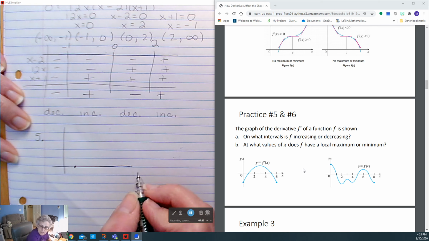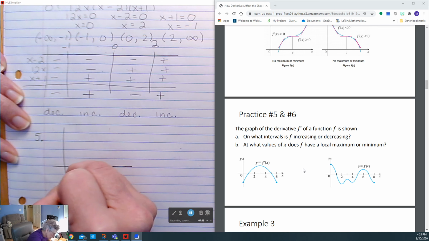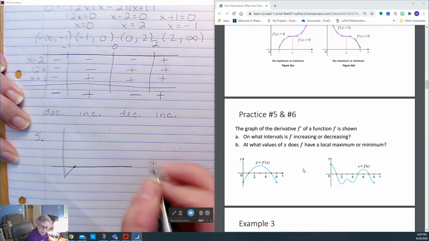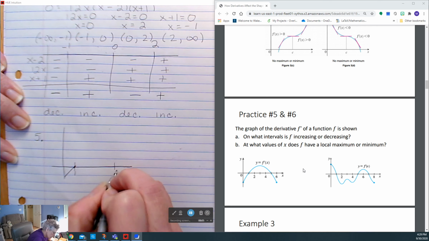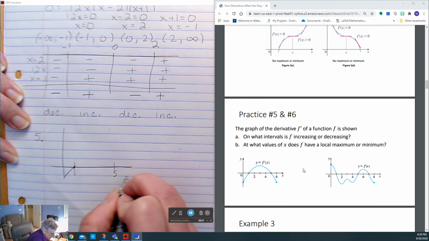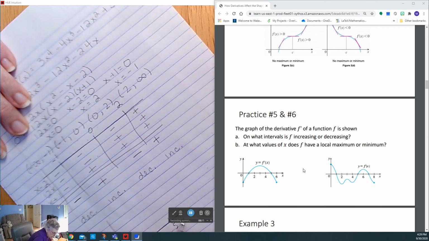It crosses the axis at 1 and again at 5, and then it ends at 6. So let's see if I can play connect the dots. No, because it was supposed to cross the axis at 5. We'll do it this way.